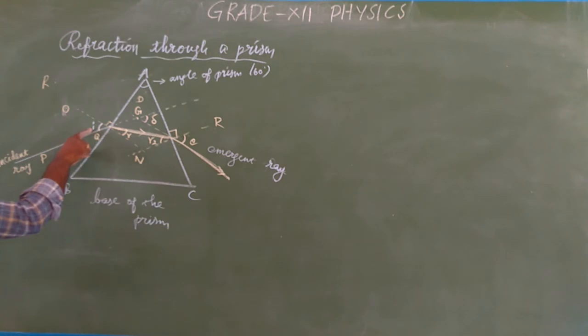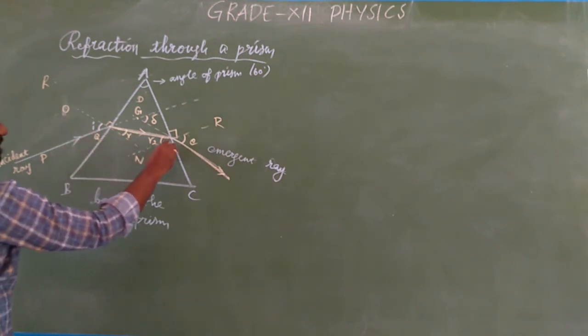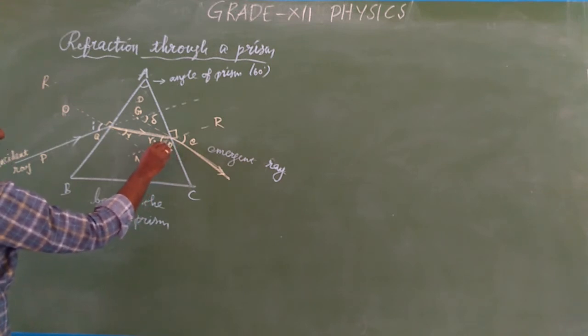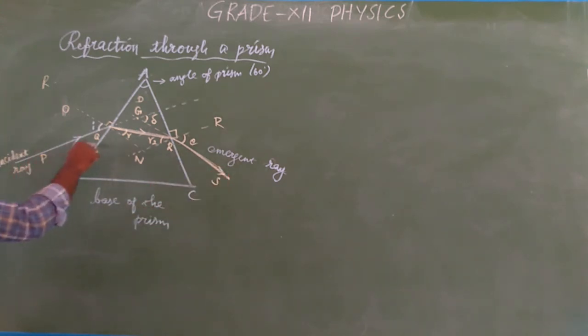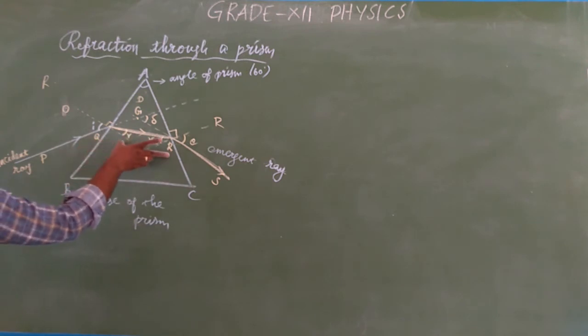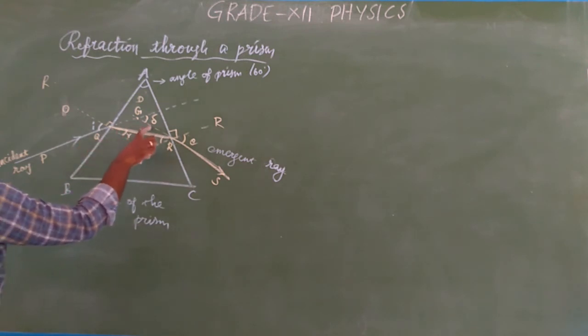We'll write all the points. Angle i is the angle of incidence, PQ is the incident ray, and QR is the refracted ray between the point of incidence and the point of emergence. RS is the emergent ray, going away from the normal as it passes from denser to rarer.